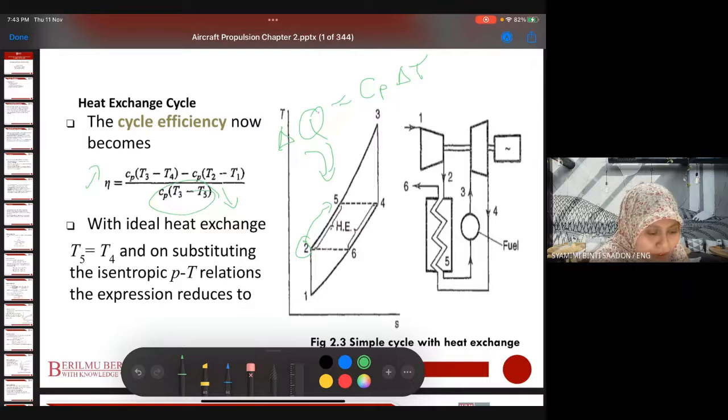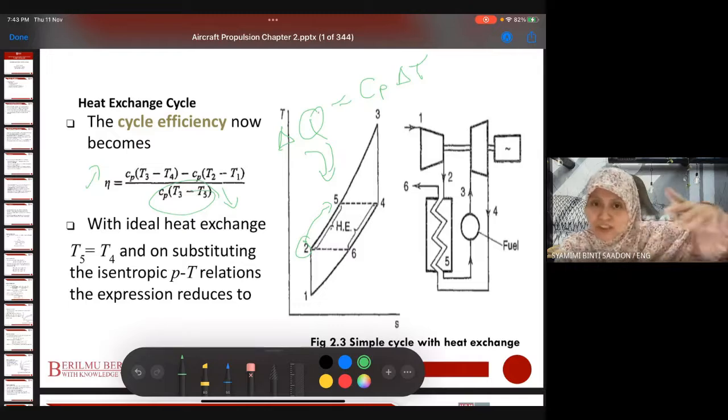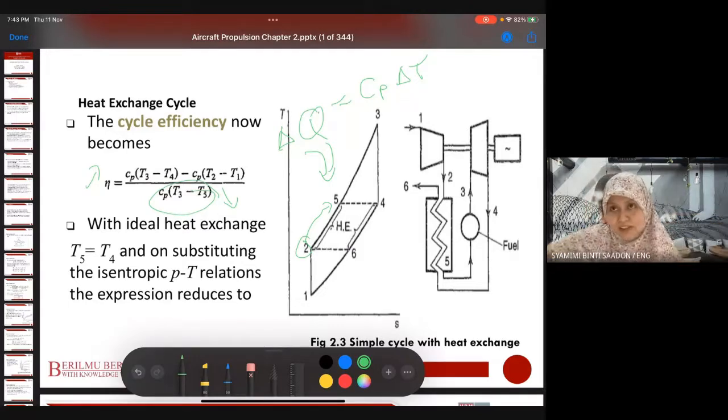Before, with the basic cycle, we needed to supply heat to increase the temperature from T2 to T3. Of course, if the difference of the temperature is bigger, more heat is needed. But if the difference of the temperature is smaller, less heat is needed, right?